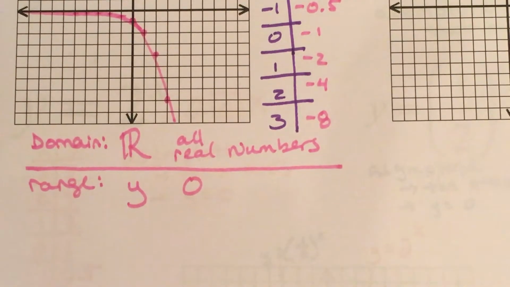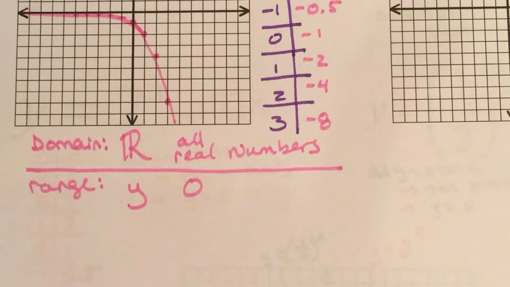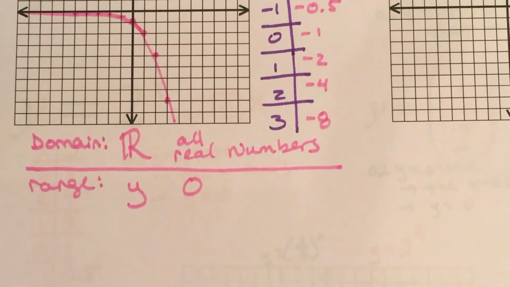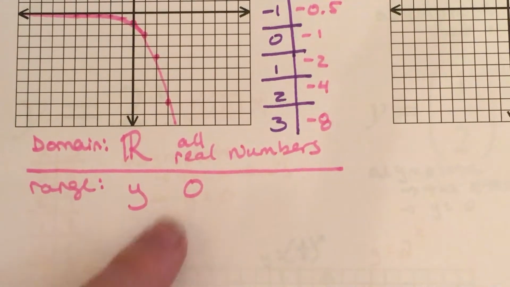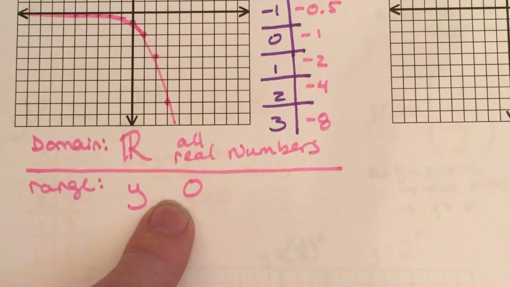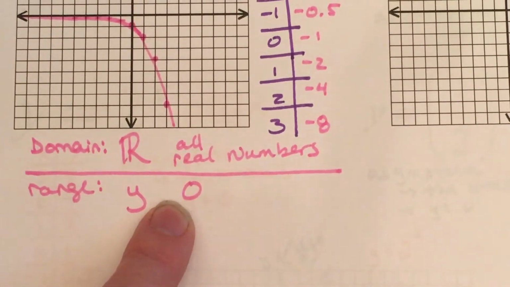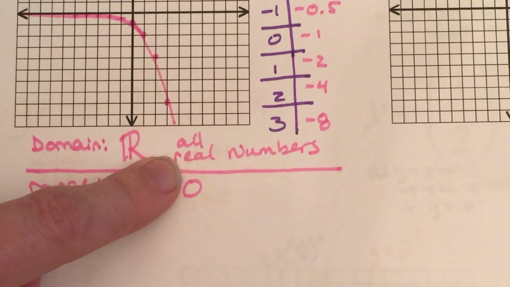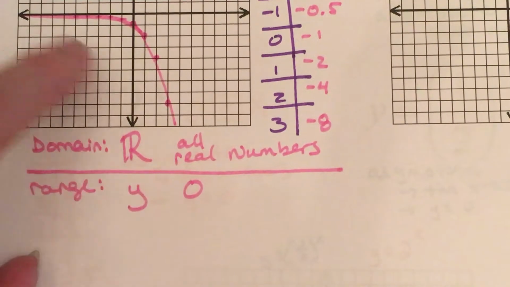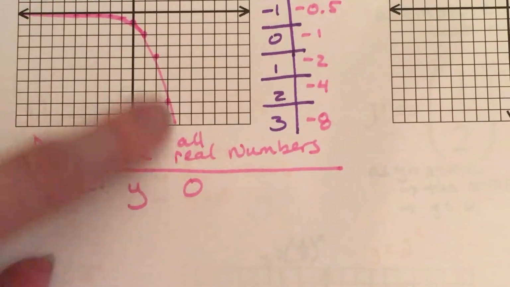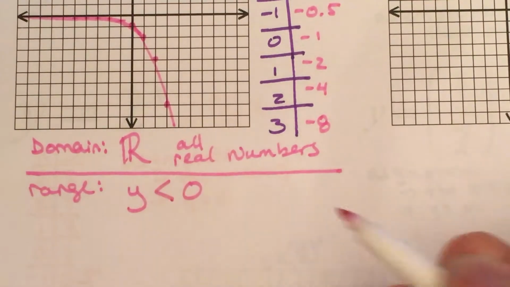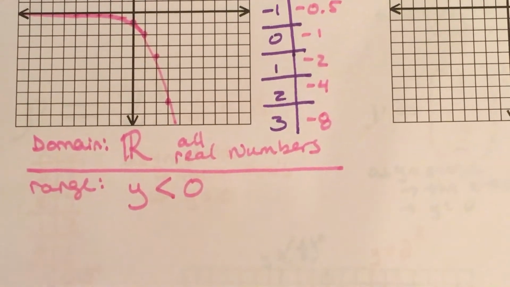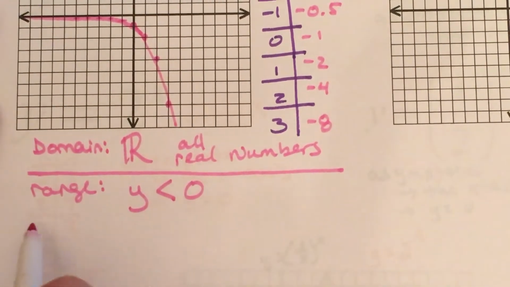Did we ever see 0 on the y column of your t-table? No, we got really, really close to it, but we never got there. So since we never got there, there will not be a bar here in my inequality. And then my curve is below y equals 0. So everything is smaller, it is less than. That is my range. Everything is underneath y equals 0, but not equal to, so there's no bar there.